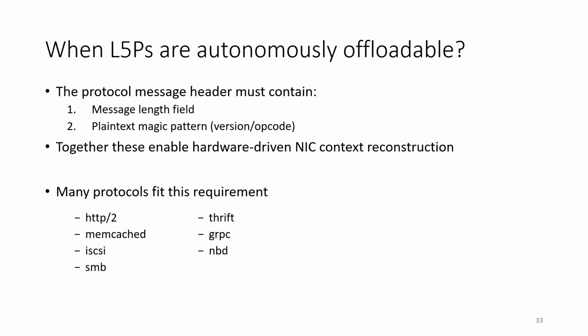For example, message types can be sufficient as there are very few valid options. The only protocol we know of that violates this property is SSH, which encrypts its headers.